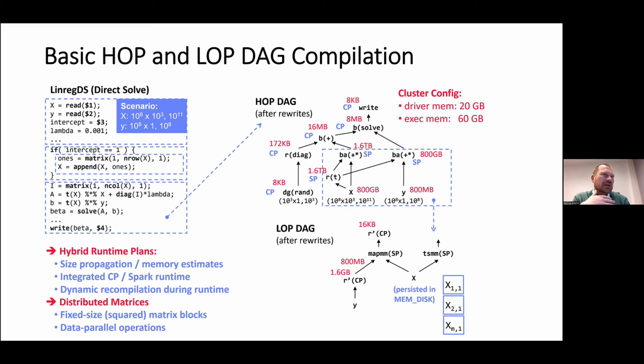And usually in normal DAGs, 50 to 200 operators, dynamic recompilation is in the order of sub-milliseconds, which is not too much overhead, even if you only execute local operations, but we only do that if there's at least one distributed operation.